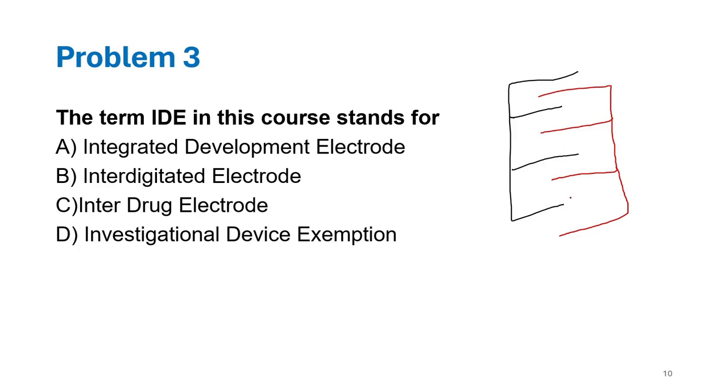These are arranged in an overlapping fashion, so they are called interdigitated electrodes. Okay. Then we'll move on to the next question.